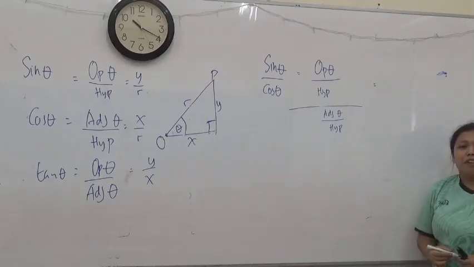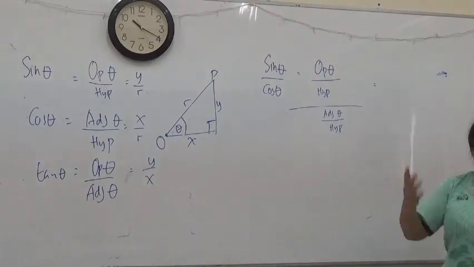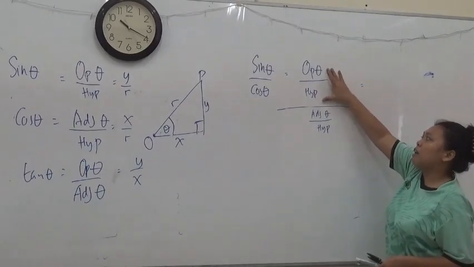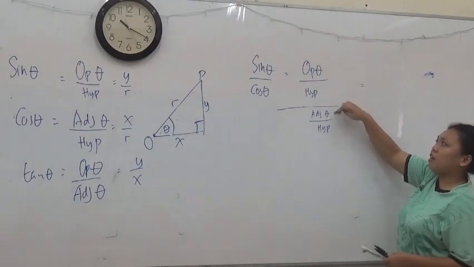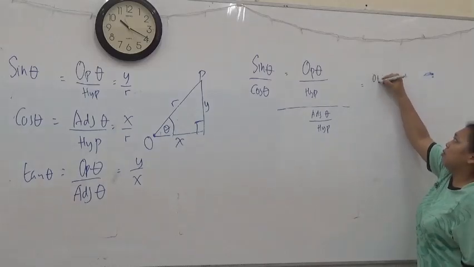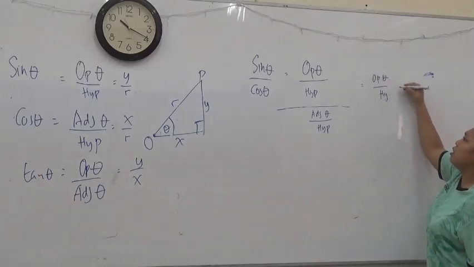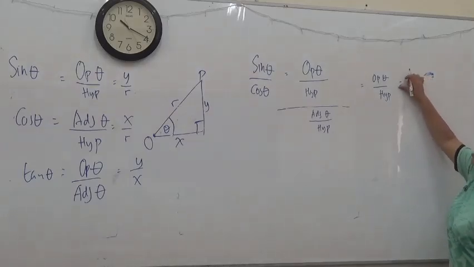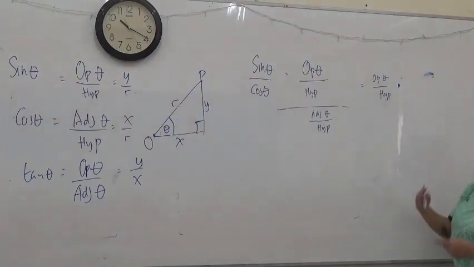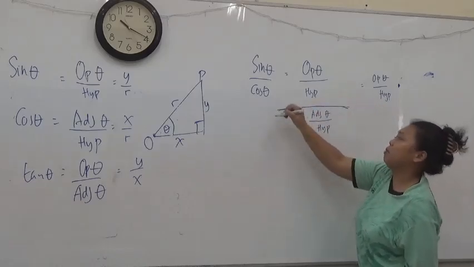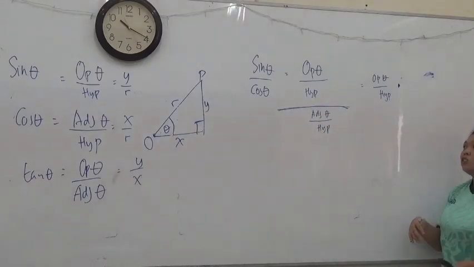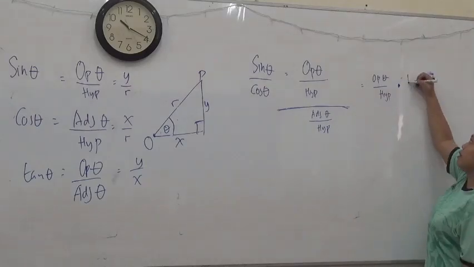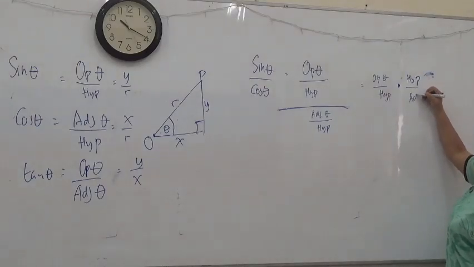When you divide fractions, you can switch the operation from division to multiplication. So you divide sine by cos, and now you can flip. It equals times, because you switch from division to multiplication. When you switch, you need to flip your second fraction: hypotenuse over adjacent of theta.